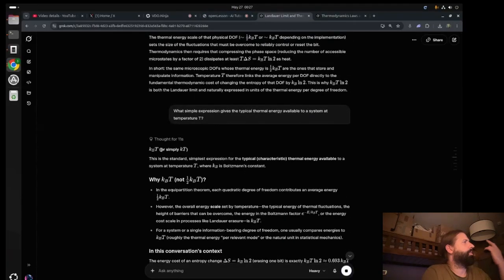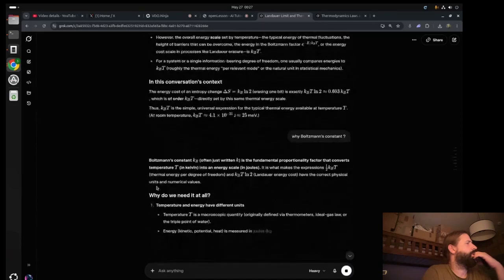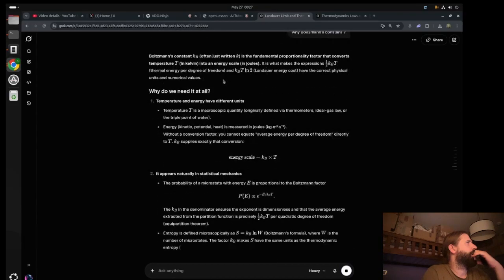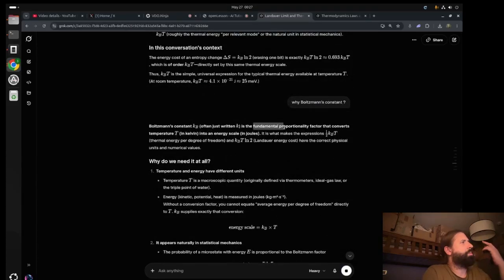So it's as simple as this constant times T. It's the fundamental proportionality factor that converts temperature into an energy scale in joules.